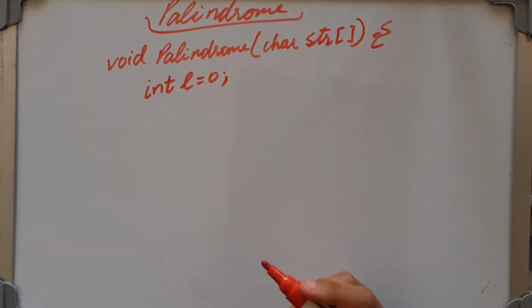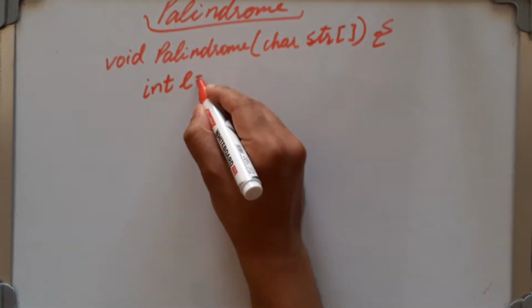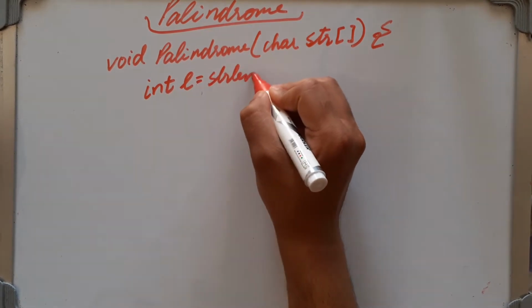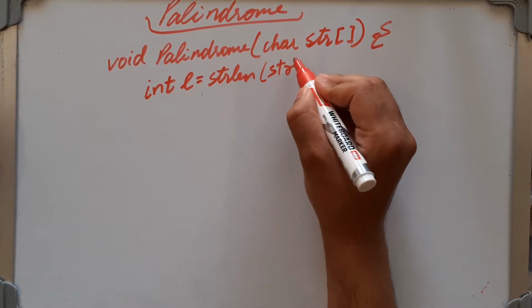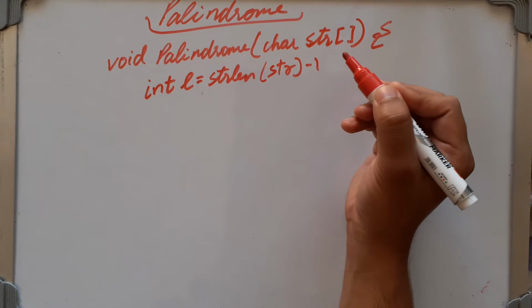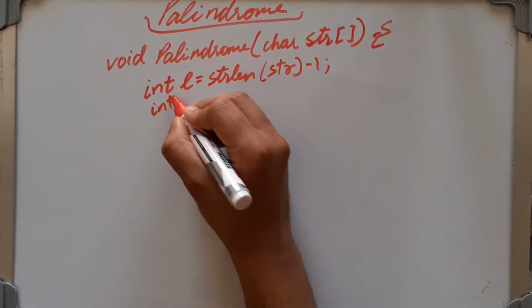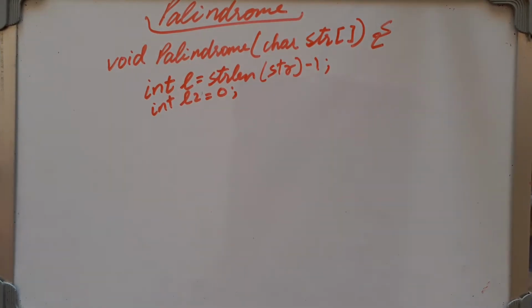You can take one more variable as the length. For length, use strlen and then the name of the string, str, then minus 1 because 1 is for the backslash zero, you already know. Then this is our length. Then take int L2 equals 0.